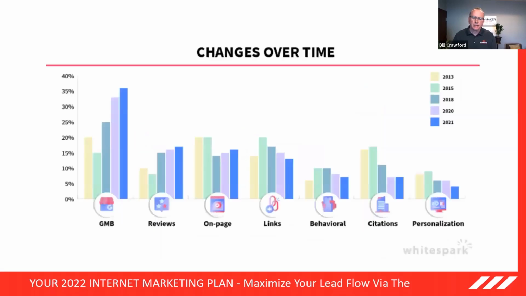All right, so let me jump back up. Reviews, you see an upward trend. Reviews are becoming more and more important. The other one that I would like to point out is citations.